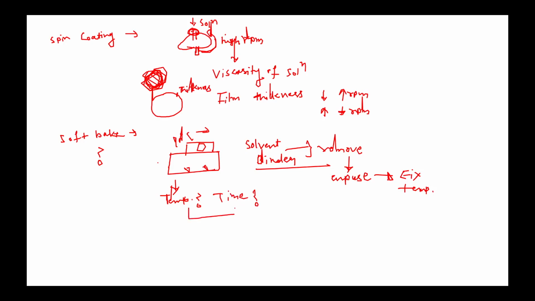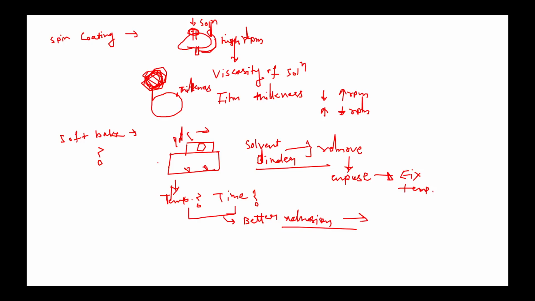In order to get a proper baking, so that your film has better adhesion onto your silicon substrate, you have to expose your film for some particular time at some particular temperature that you need to optimize for your material.